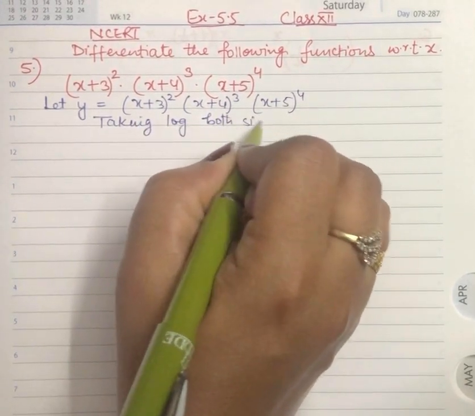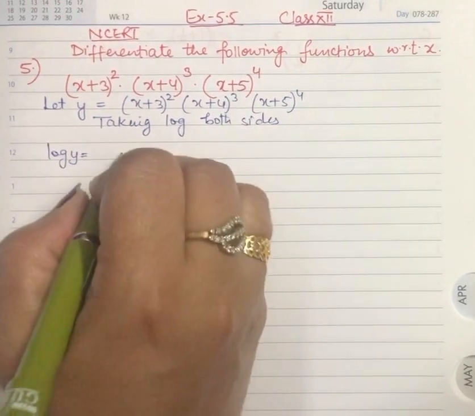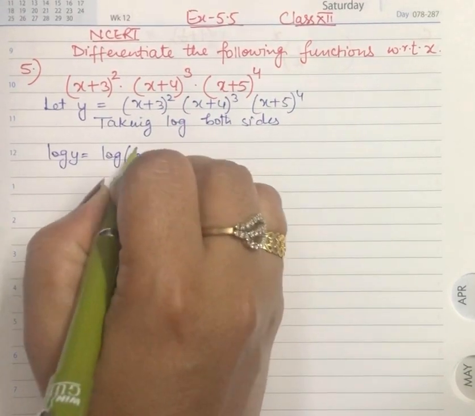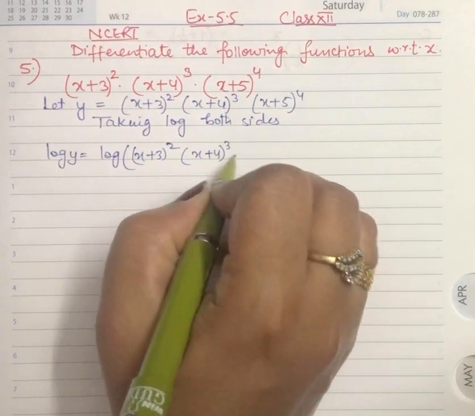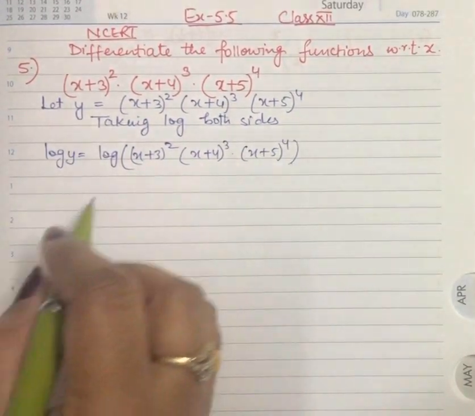what we get? log y equal to log of this whole function, (x plus 3) whole square into (x plus 4) whole cube into (x plus 5) to the power 4.